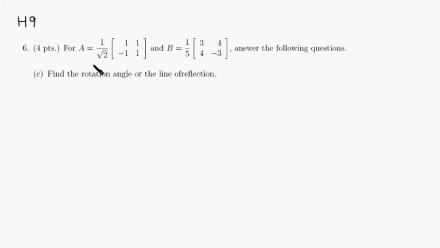All right, so for A, if you look at the determinant in the previous part, the determinant of A is equal to 1. And A is an orthogonal matrix, and this is going to tell you that A is a rotation matrix.